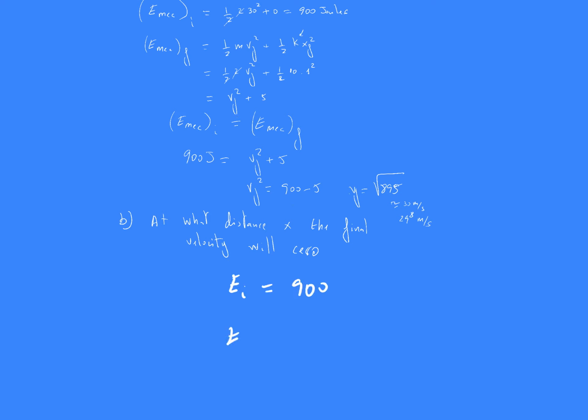Please pay attention to this K. For example, here you start with a certain amount of potential energy and a certain amount of kinetic energy. There is an interchange of energy here.